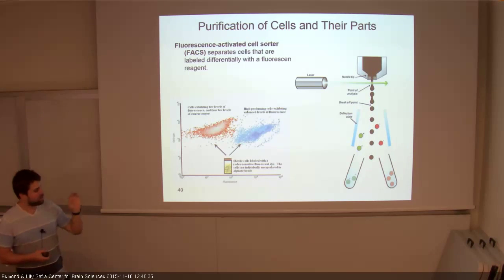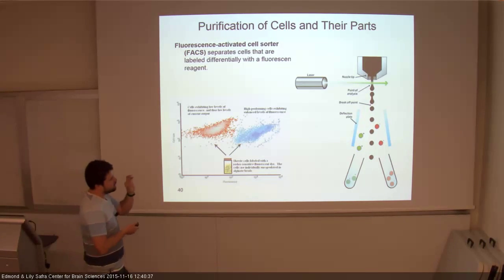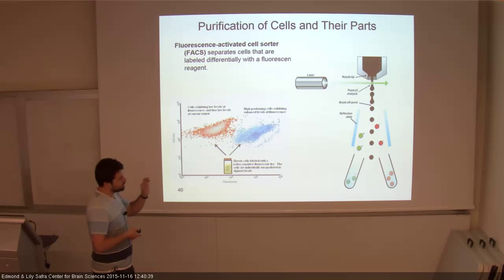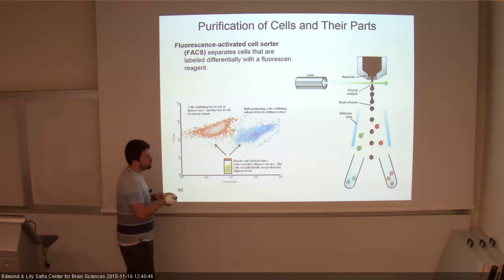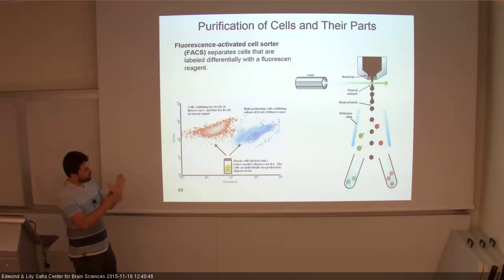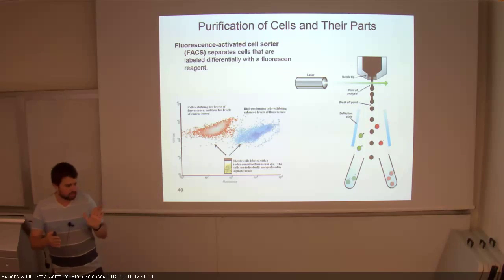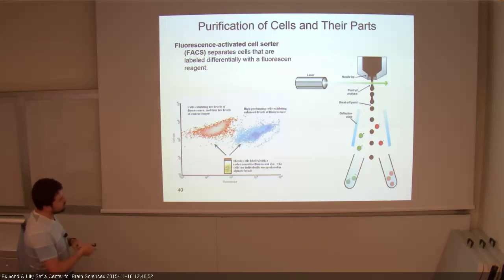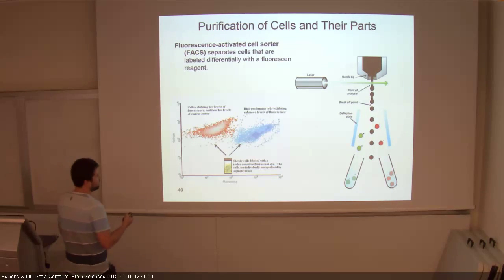Let's say it charges all the red ones with a negative charge, and then this droplet passes through an electrical field, and this electrical field physically separates the droplets that I'm interested in from the other droplets. And thus I get only the specific cells that I'm interested in.